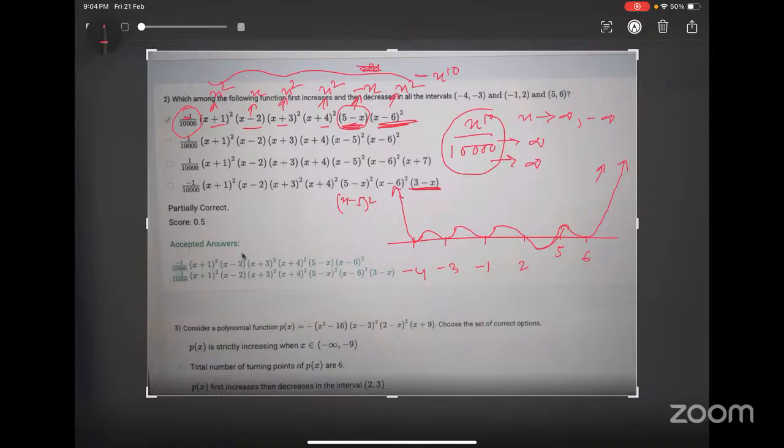Ma'am, can you explain this graph you drew, -4, -3? How did you get that? It never decreases on all the three intervals, it only increases.